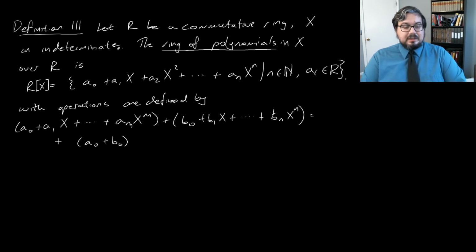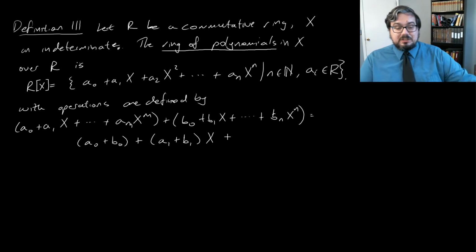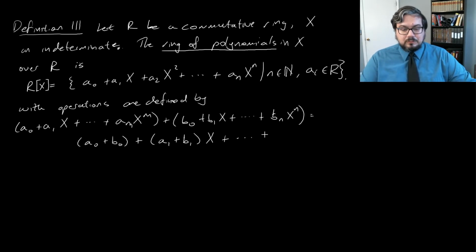So we add the two degree 0 coefficients of the two polynomials to get the degree 0 coefficient of the new polynomial. We add the degree 1 coefficients together to get the degree 1 coefficient of the sum, and so forth.